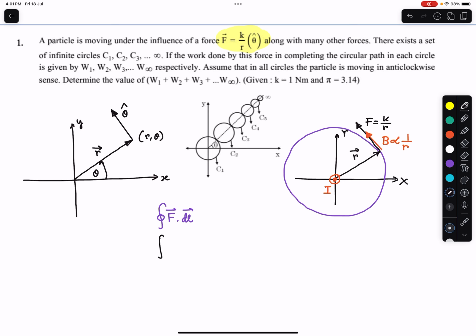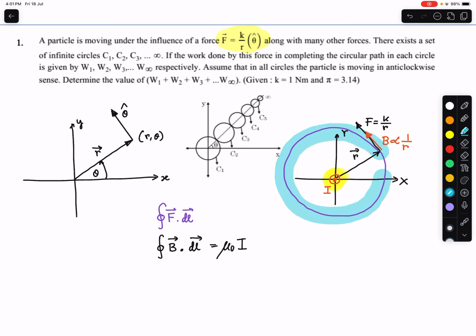In case of magnetic field, integration of B dot dl is equal to mu 0 times I. So obviously, there is a current source here, and the line integral of this B field is equal to mu 0 into I.